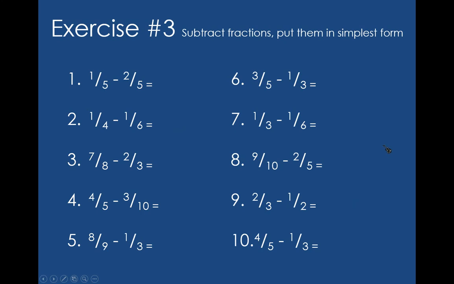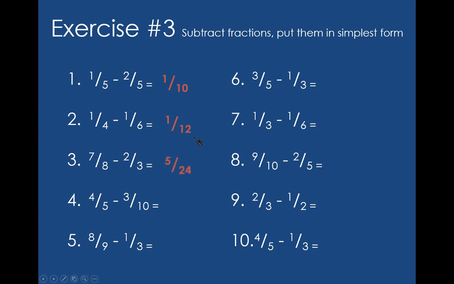Now, for this one, we just subtract. Then, put the answers in lowest term. 1/5 minus 2/5. What's the answer? 1 over 10. Next, number 2, 1/4 minus 1/6. What's the answer? 1 over 12. 7 over 8 minus 2/3.